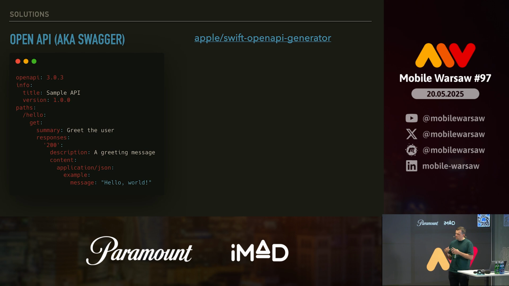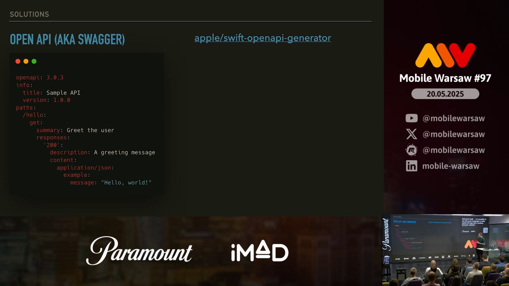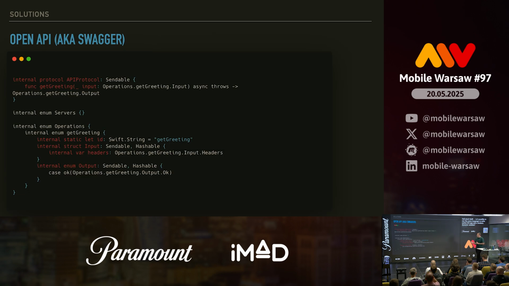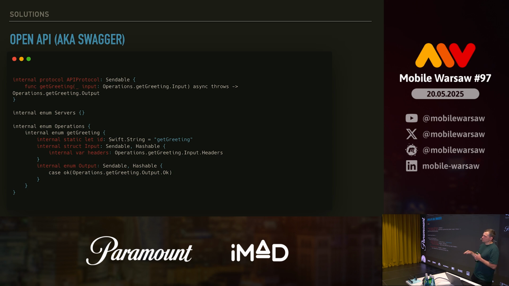You can really describe your API in as much detail as you want, and then use this tool from Apple to get all the code that's perfectly following the standard and perfectly matches this OpenAPI specification. You can run it by hand, or it's also distributed as a Swift build plugin, so it will be run automatically whenever you build the application. It's really great.